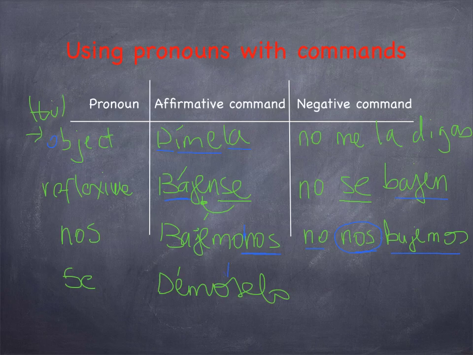The S that should go here gets removed, and we add the IOP and the DOP as part of one word. Now, the negative form would be no se lo demos. Same pattern. IOP, DOP between no and the verb.